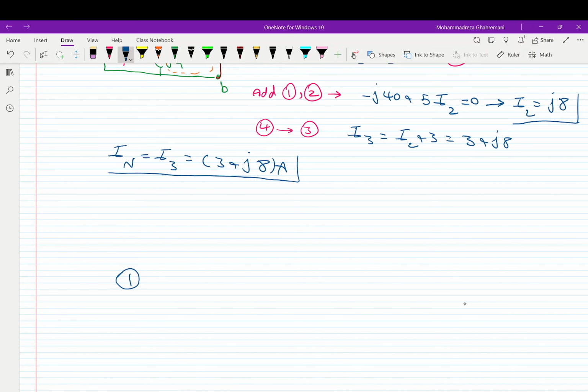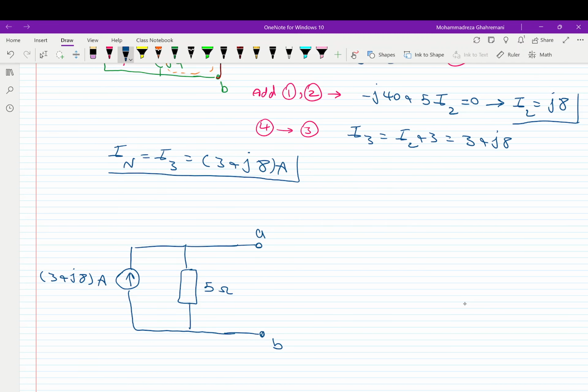We have the IN, 3 plus J8 amp. We have an impedance of ZN, which was, I believe, 5 ohms, and these are points A and B.